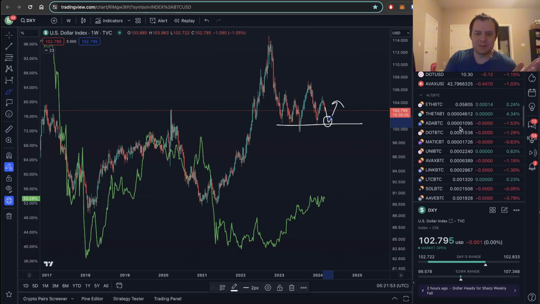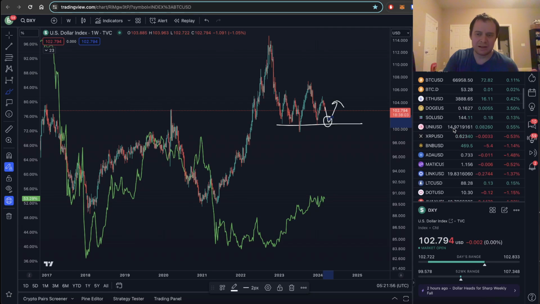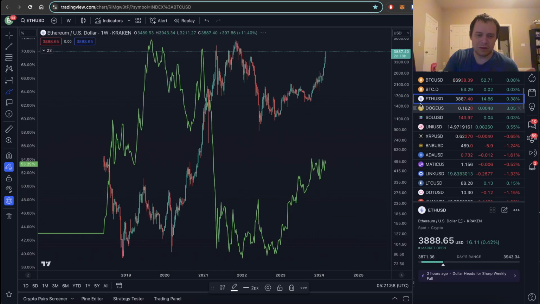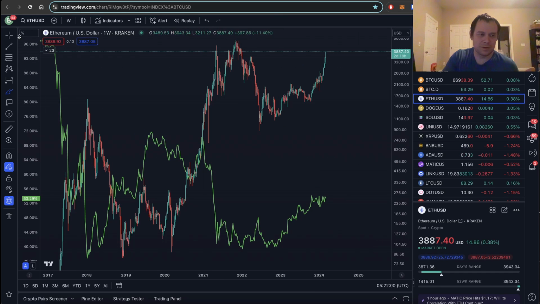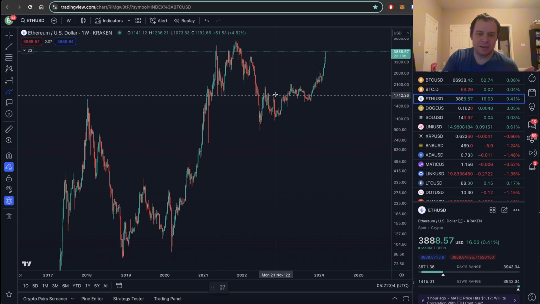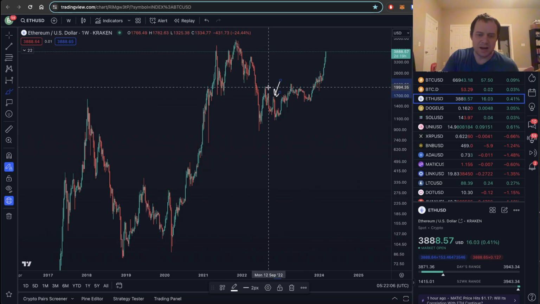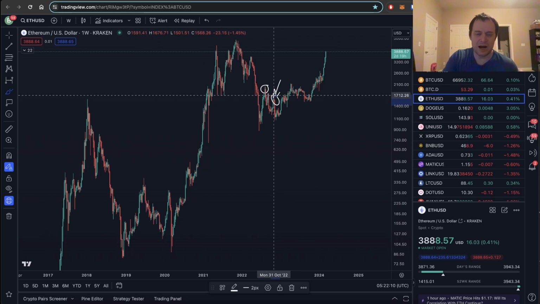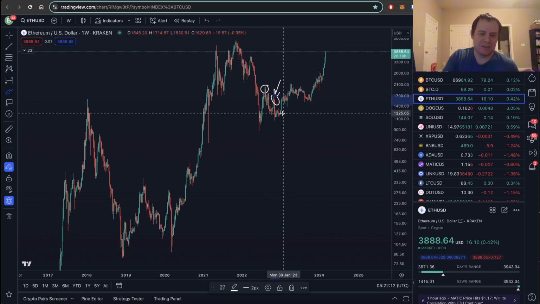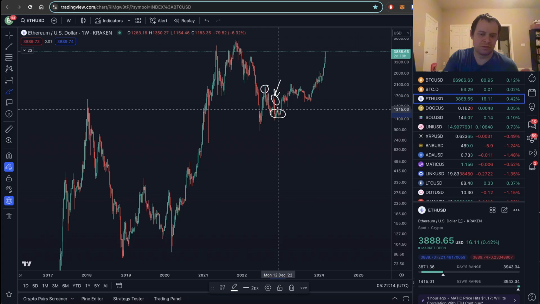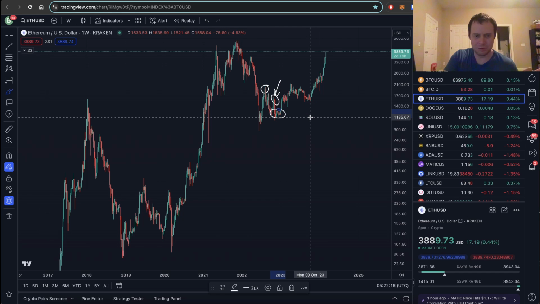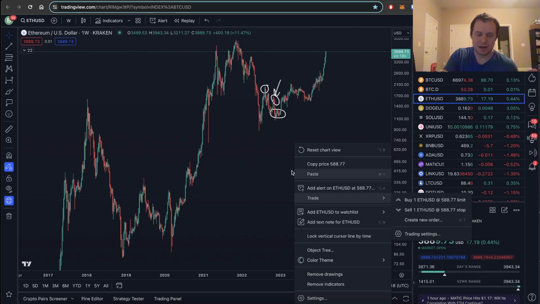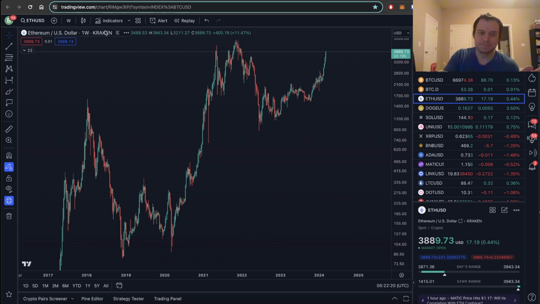And again, if you remember what ETH did going into the merge, ETH USD, this was the merge right here. It put in a high a month before the merge and then a lower high during the actual merge. And then the market cooled off for a couple of months or so, right? And it was a much needed cool off too, after such an explosive move.